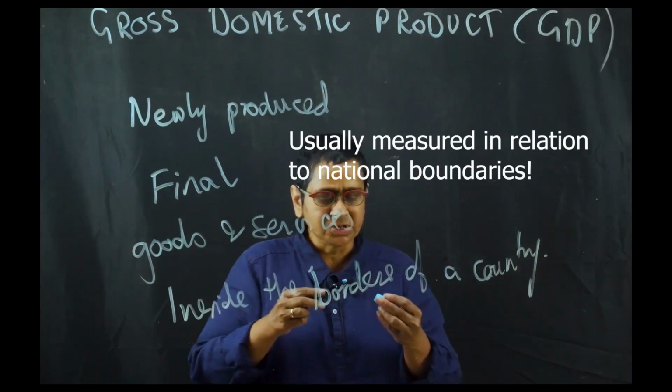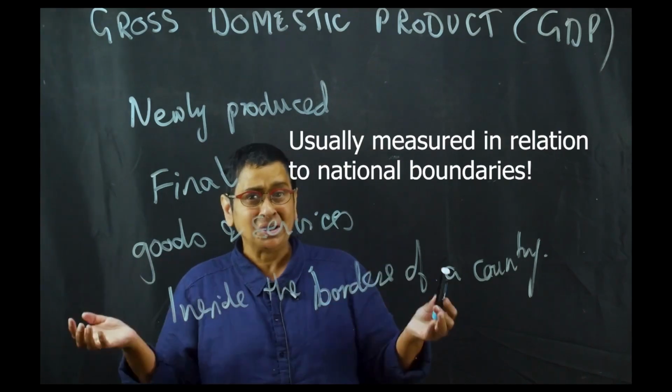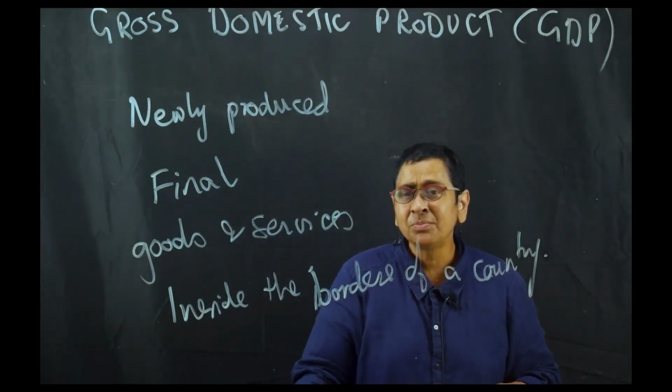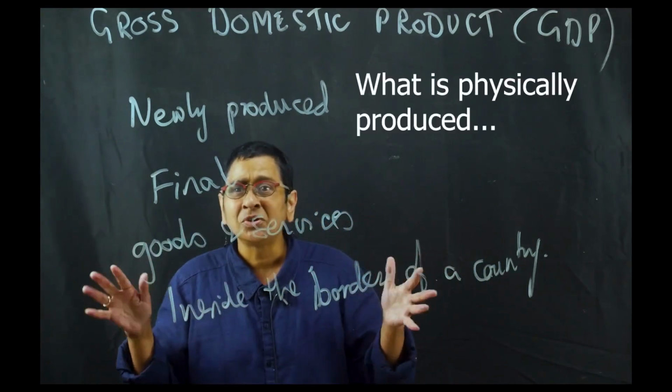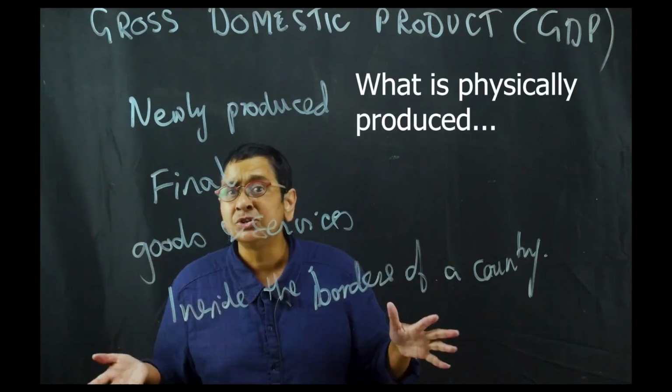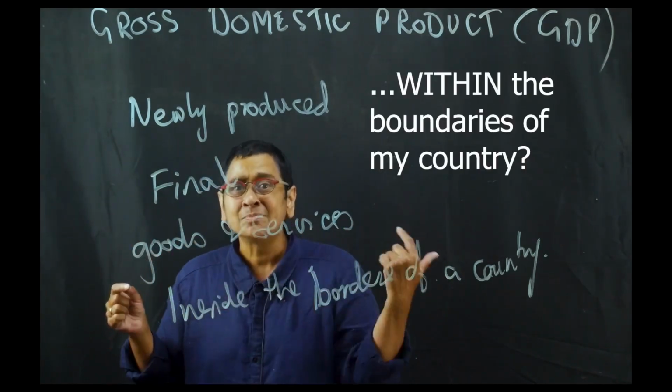So GDP is usually measured in relation to national boundaries. So the first thing to remember is that what I'm focused on is what is physically produced as a good or a service within the boundaries of my country.